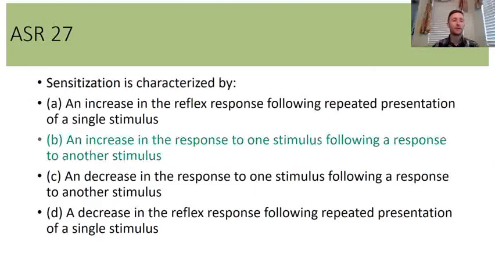Alright, I'll close the poll, and the answer here is B, an increase in the response to one stimulus following a response to another stimulus. And you might have selected C. If you did, you may not have noticed the word decrease. Sensitization is not characterized by a decrease in responsiveness, it's an increase in responsiveness. The other two options involve presentation of a single stimulus.